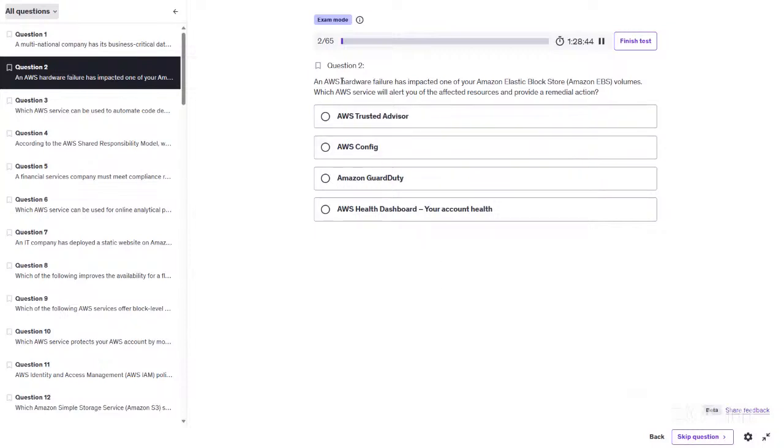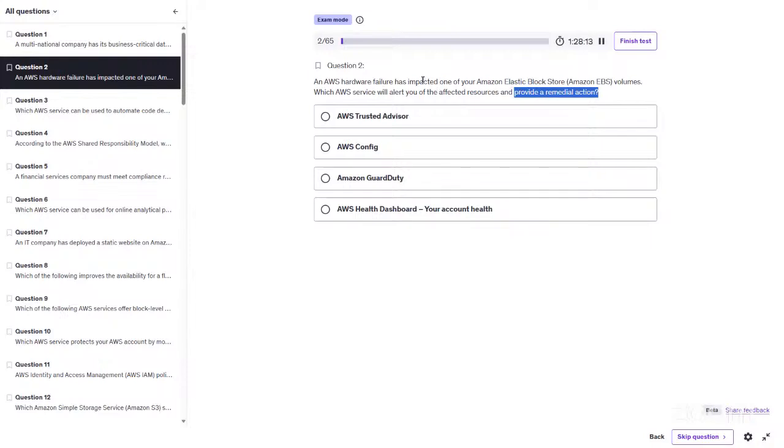Question 2. A hardware failure, AWS hardware failure, has impacted one of your Amazon Elastic Block Store volumes. Which AWS service will alert you of the affected resource and a remedial action? So it tells you that the resource is broken and it will provide you with the action that you need to take to fix it. What option are we supposed to go with?